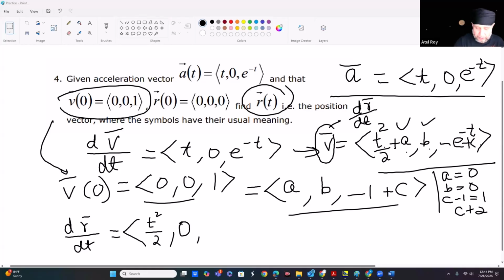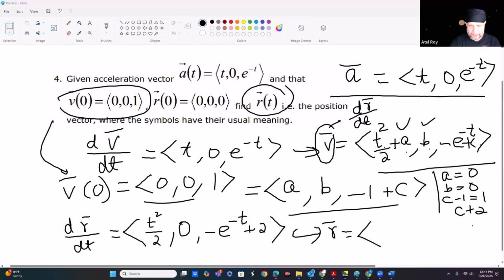That's what we found, right? And c is 2. So this becomes negative e to the negative t plus 2, right? Are we good?